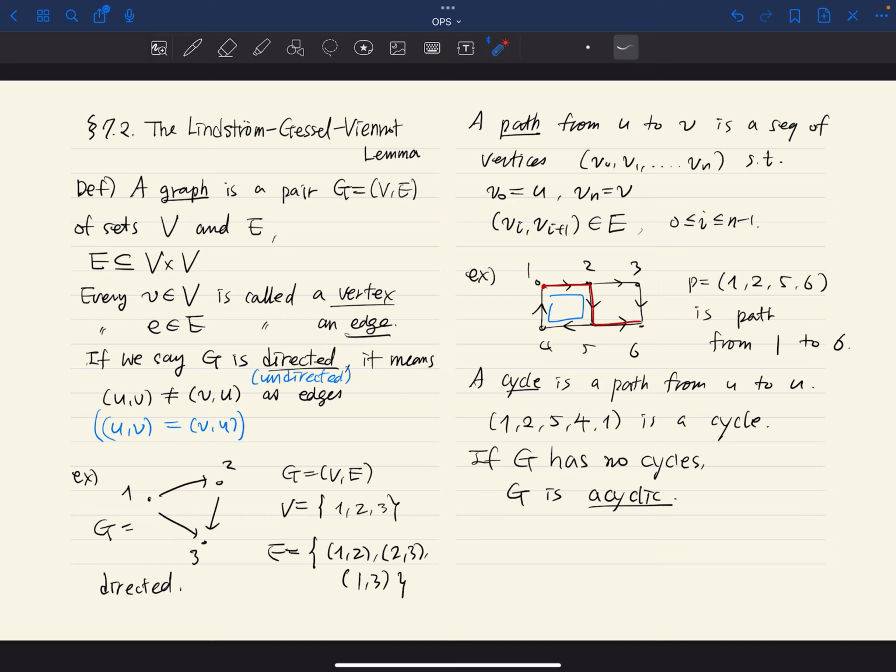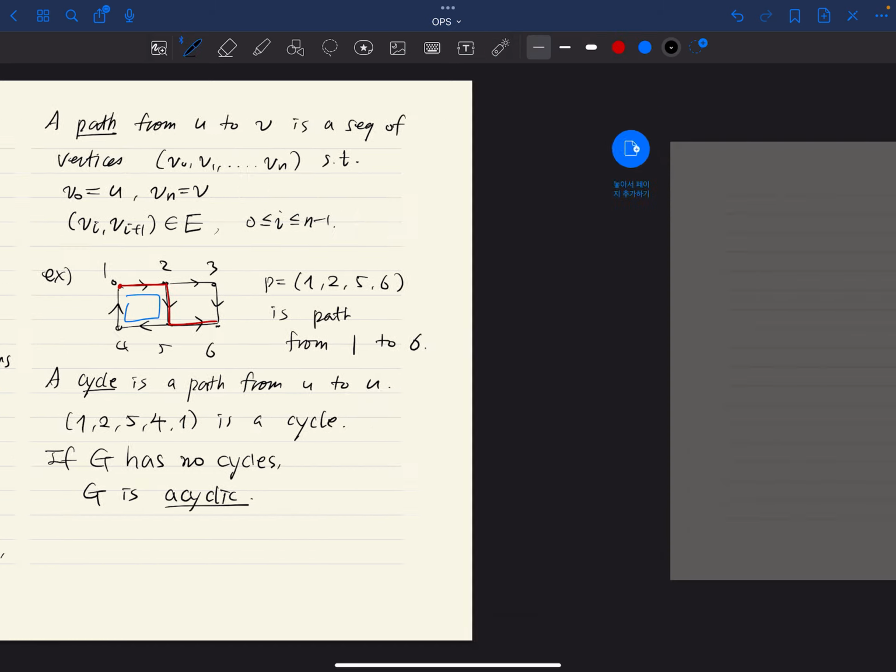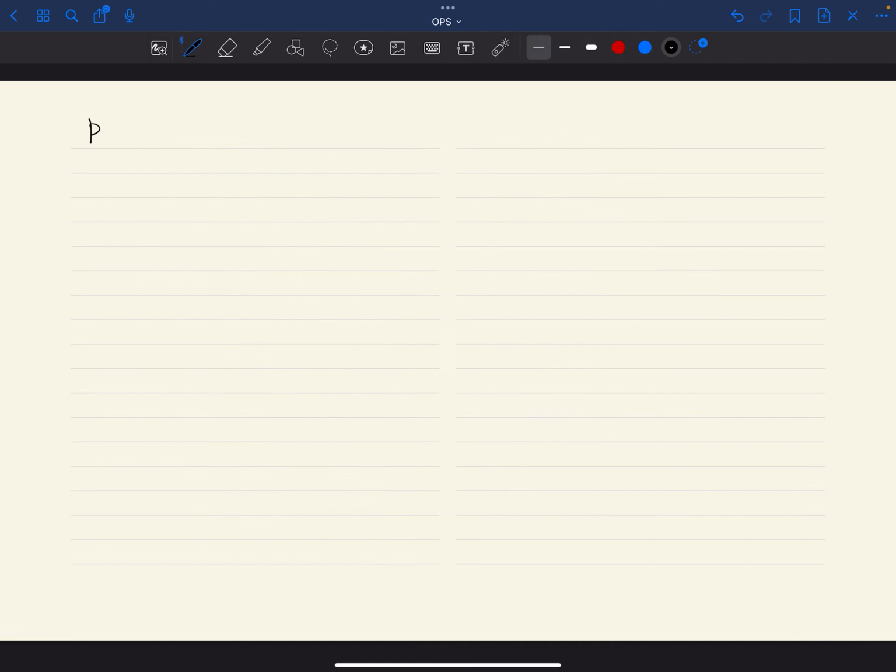And I'm gonna use this notation: P(U to V) is the set of all paths from U to V. It could be empty. And we also consider a weight on the edges.